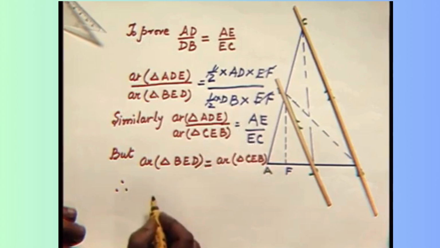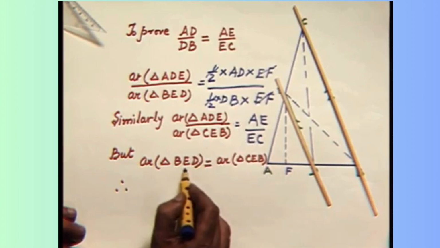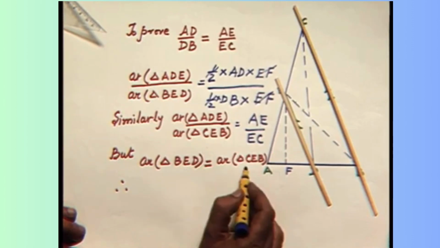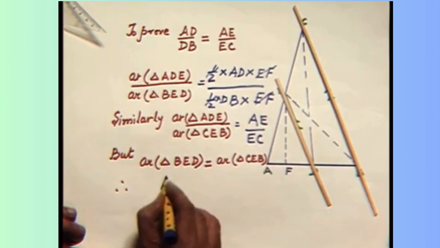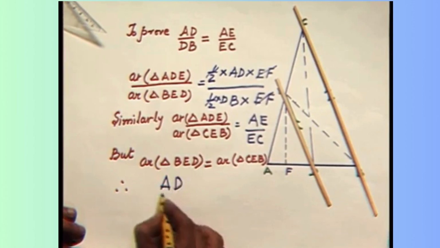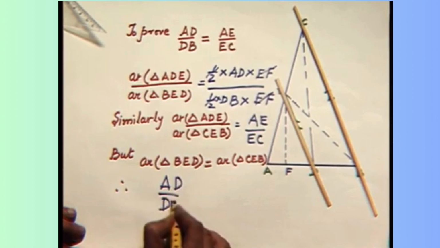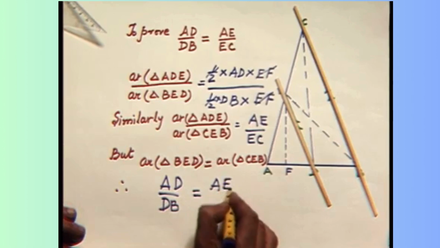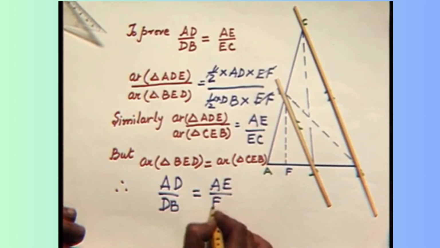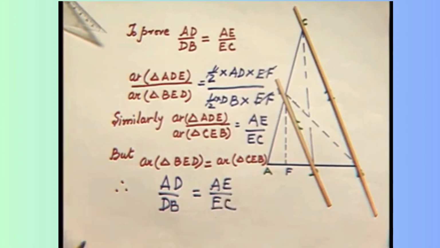So from there, what do you find? Because area of triangle BED is equal to area of triangle CEB, therefore AD upon DB becomes equal to AE upon EC. So that was the proof of Thales theorem.